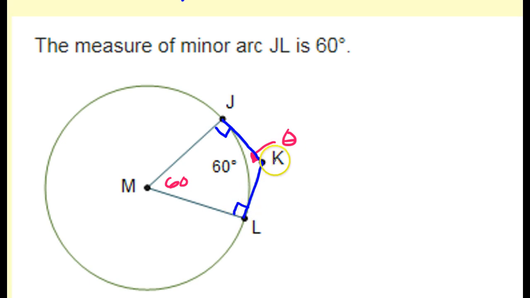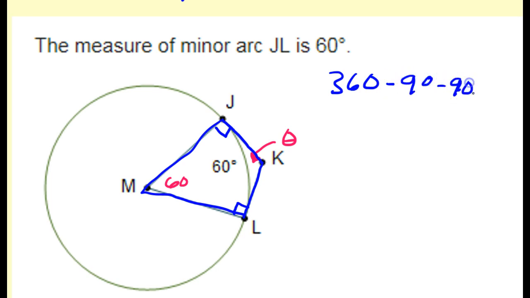So now all I need is to subtract from 360. This quadrilateral right here, this kite, a quadrilateral has a total angle measure of 360 degrees. So if I subtract the two 90s and the 60, that should give me the measure of the other angle, and that's what we're looking for.